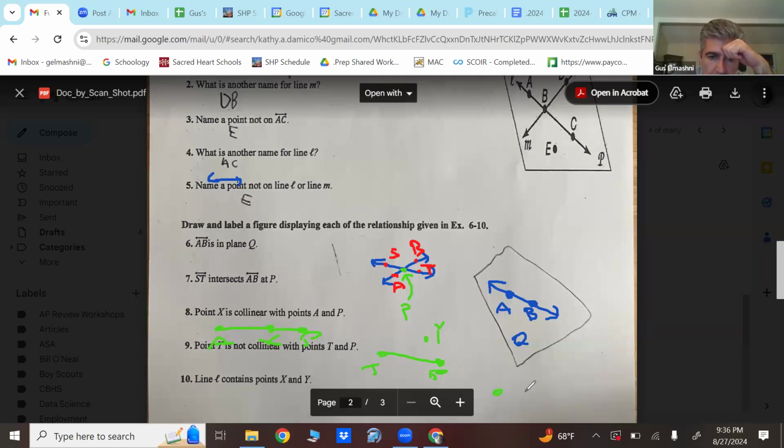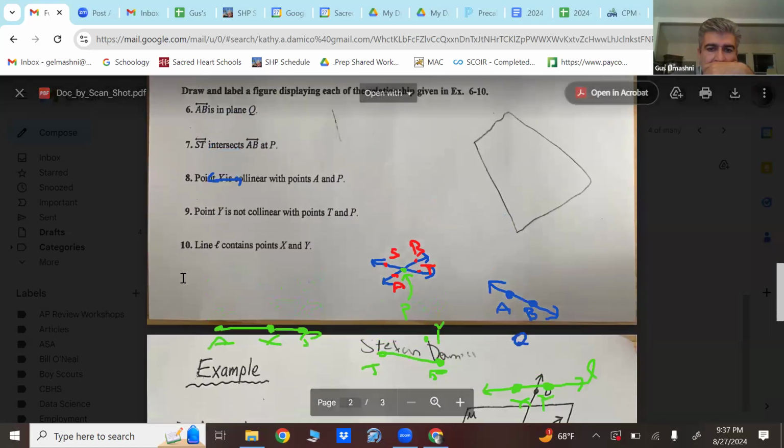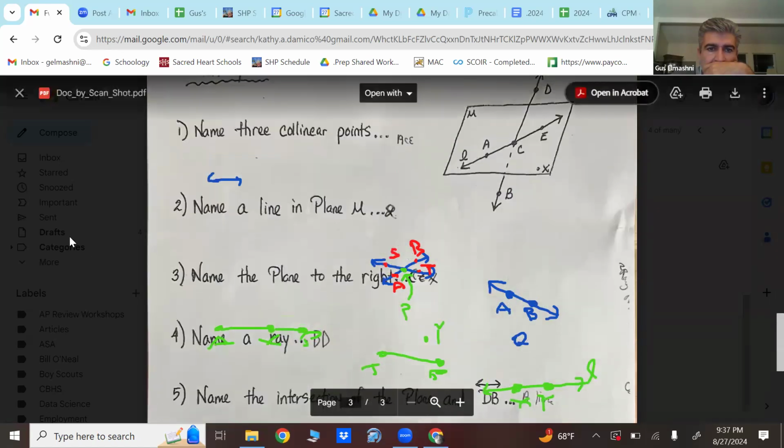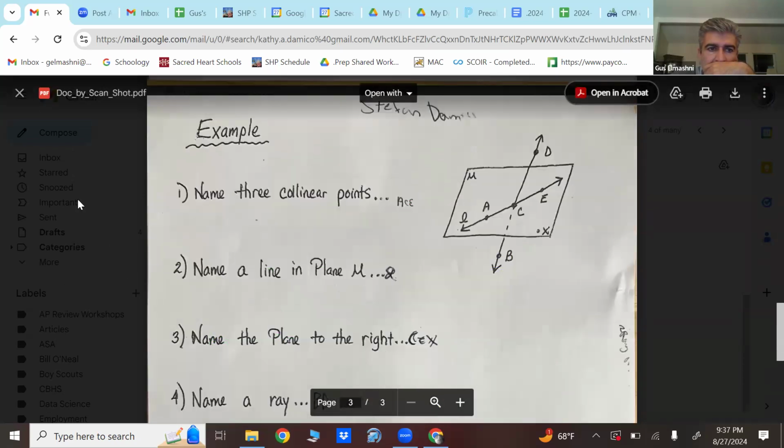Line L contains X and Y. Yeah, that works.